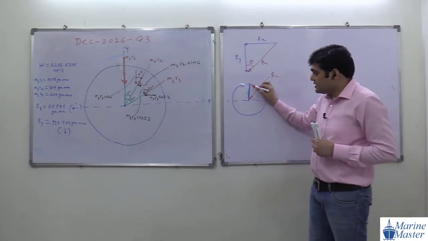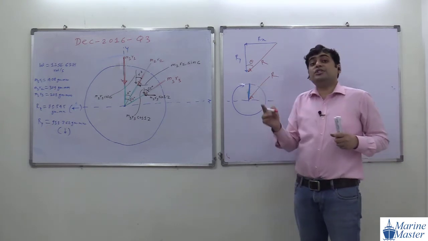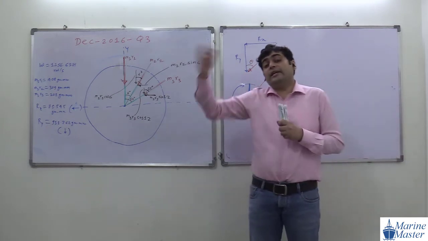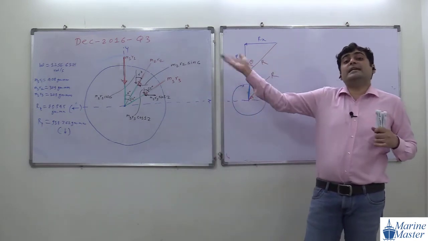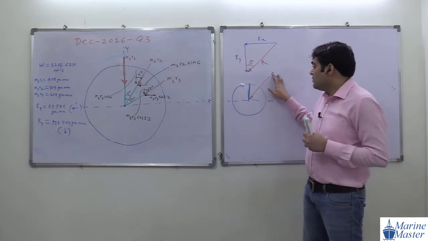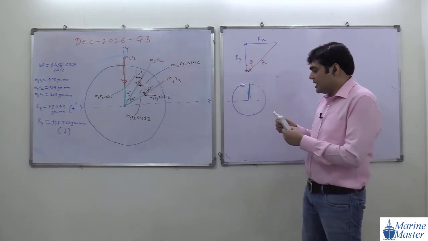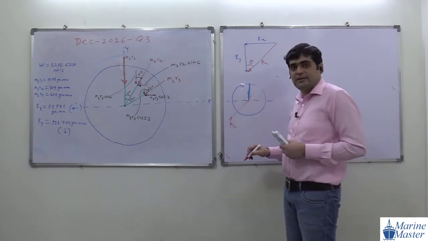In the earlier questions we have discussed till now, all the forces are radially outward, and we represented the resultant force like this.